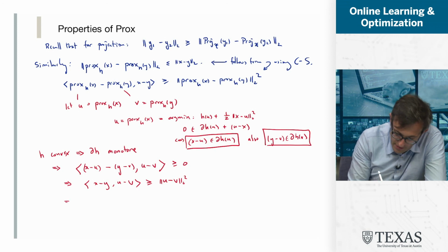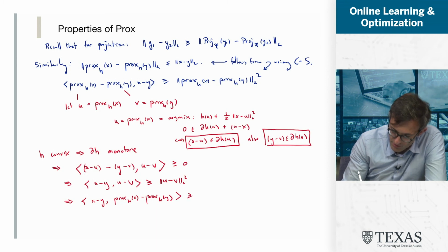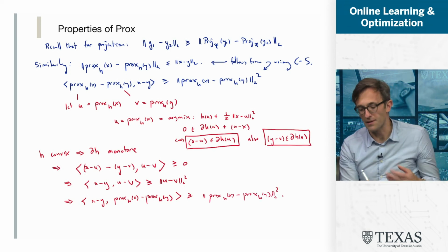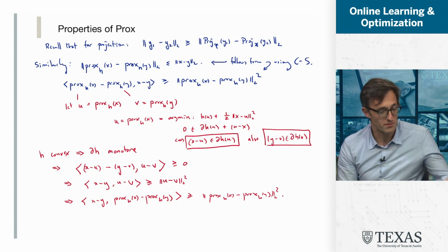So just writing out what x, y, u, and v are, this is saying that x minus y times prox h of x minus prox h of y is greater than or equal to prox h of x minus prox h of y squared. And again, just by Cauchy-Schwarz, this implies that prox is a contraction.